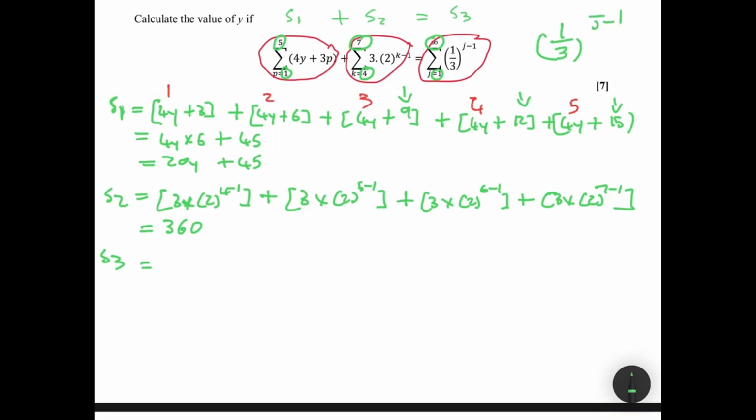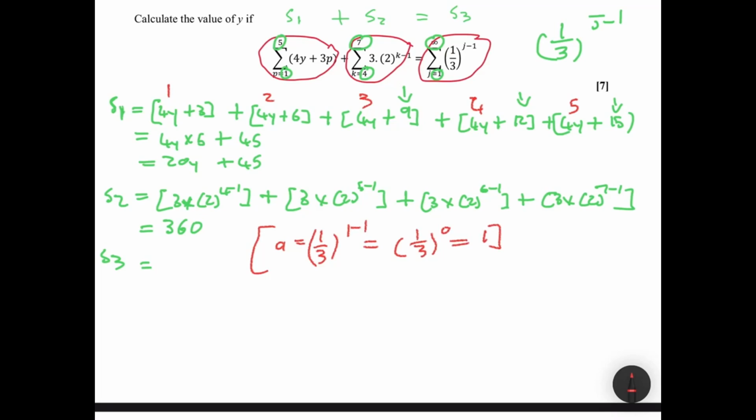So the first term of the sequence, let's say A. So A here is going to be equals to 1 divided by 3 to the power j minus 1. J is 1, right? So we're going to have 1 minus 1 being equals to 1 divided by 3 to the power 0. Any number to the power 0, we know that is equals to 1, right? So the first term here, A, is equals to 1.